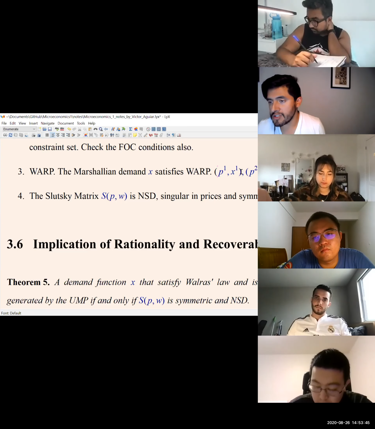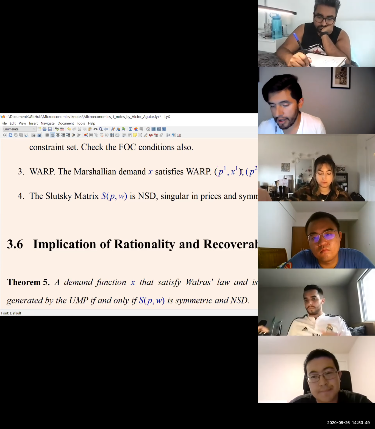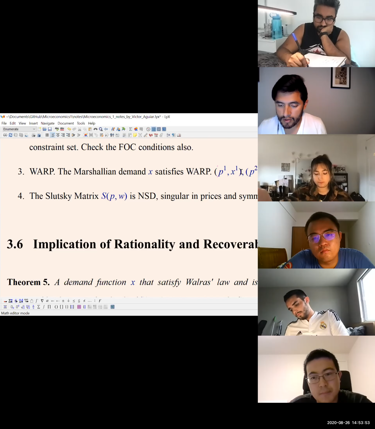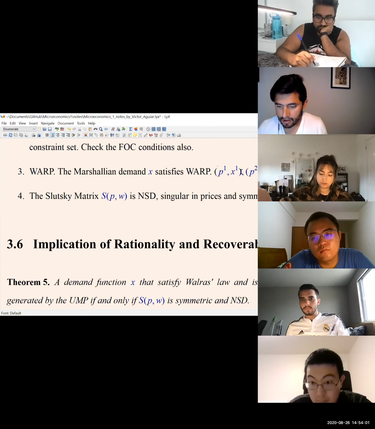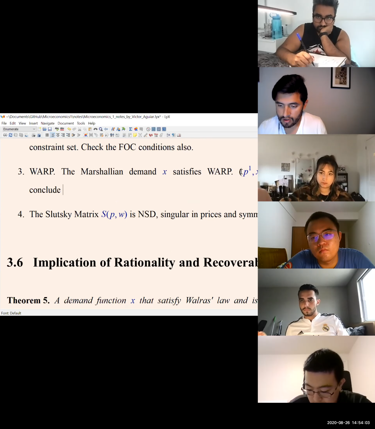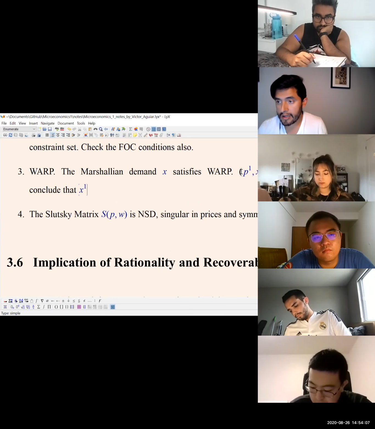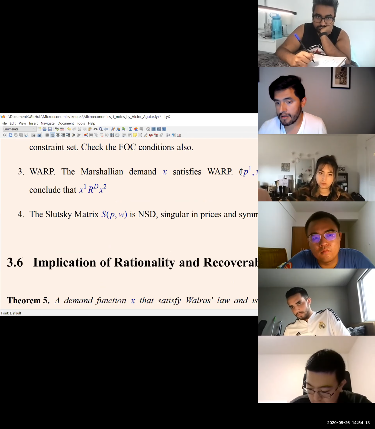Because of Walras' law, it's just the multiplication of prices: P1 X1 and P2 X2. Okay, so I don't write income. Now, if I observe that P1 X1 is greater than or equal to P1 X2, then I conclude that X1 is directly revealed preferred to X2. Okay, what Zach said.